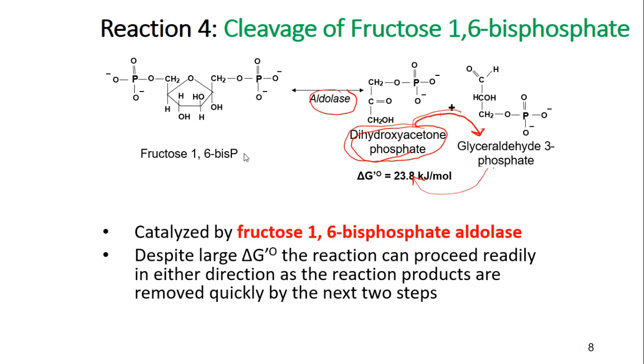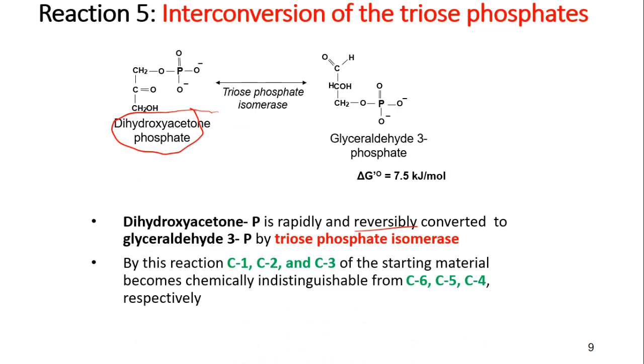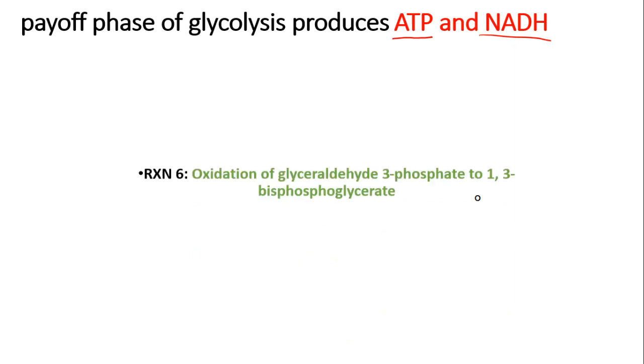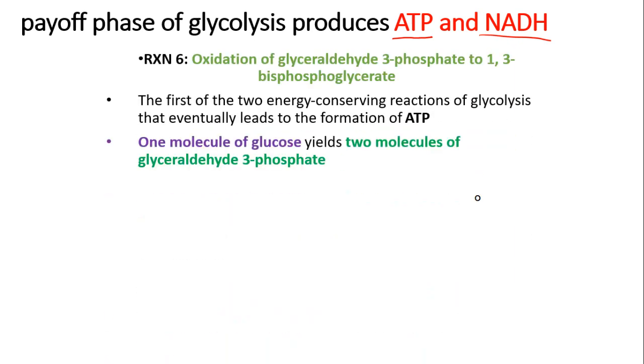So when these were produced, one was produced and the other one was produced, and later on in reaction number 5, this was converted to that one, and that is the reason why one molecule of glucose is producing 2 molecules of glyceraldehyde 3 phosphate.